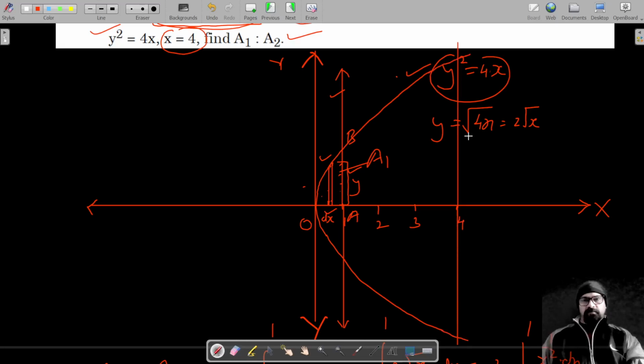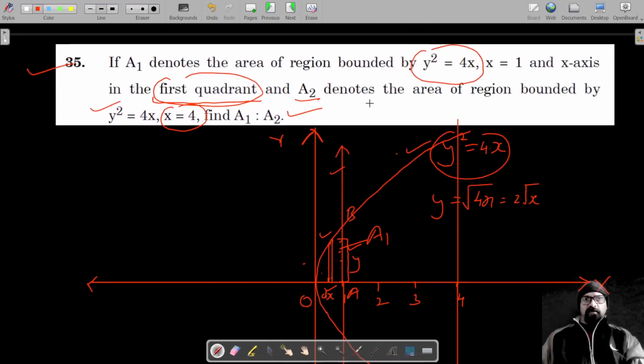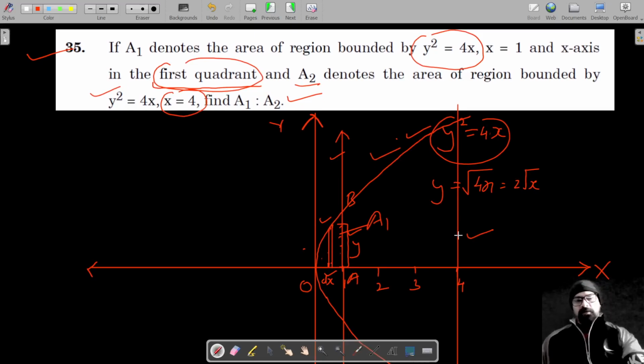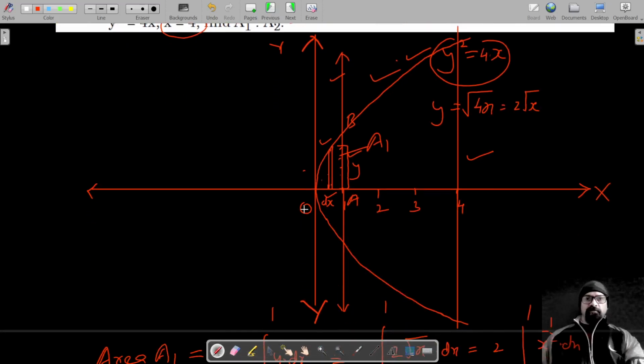Now our concerned region is the area bounded by y square is equal to 4x and x is equal to 4, and it goes from the limits 0 to 4.